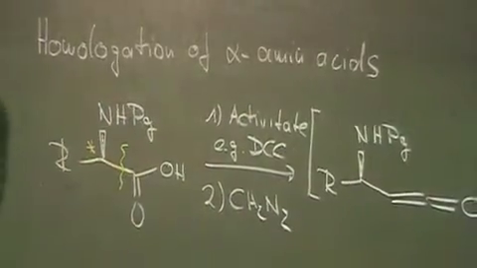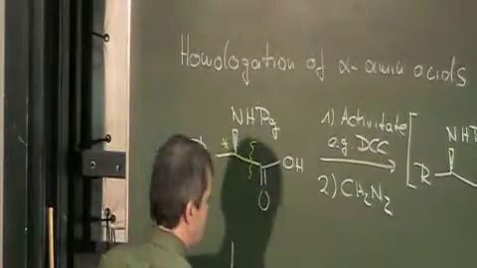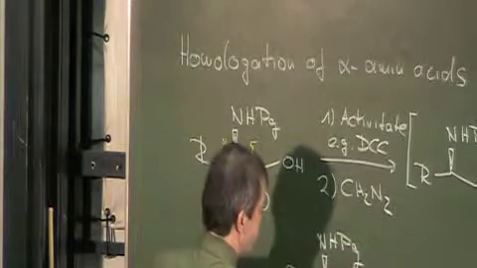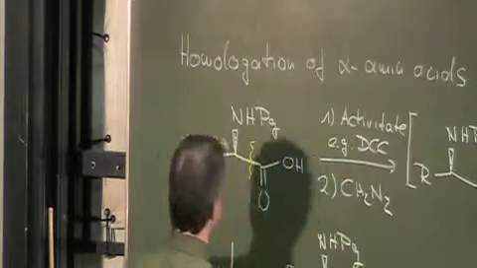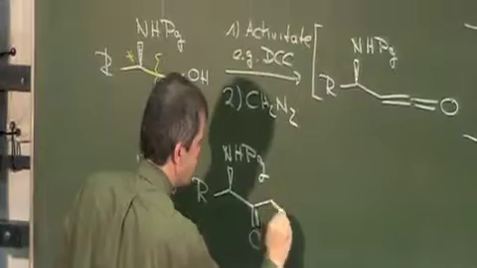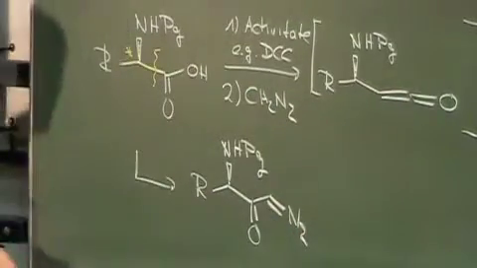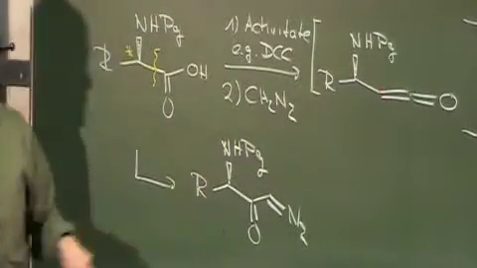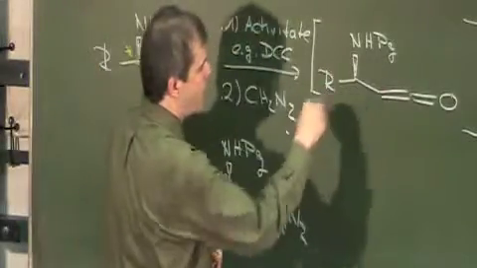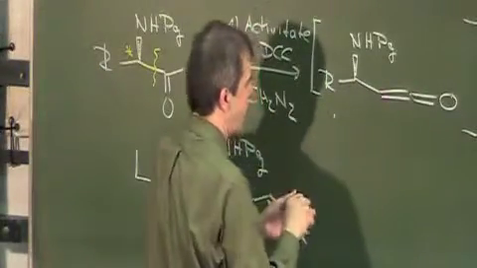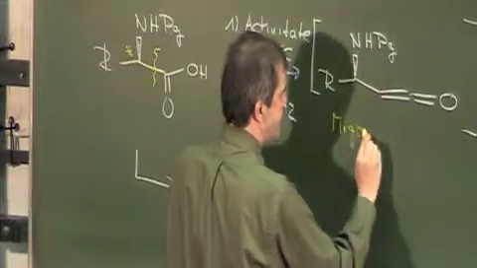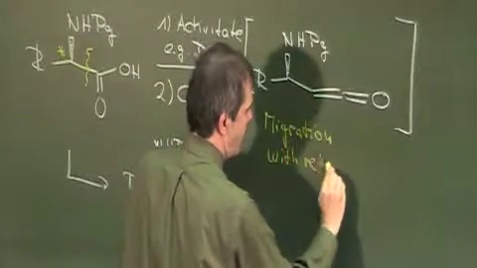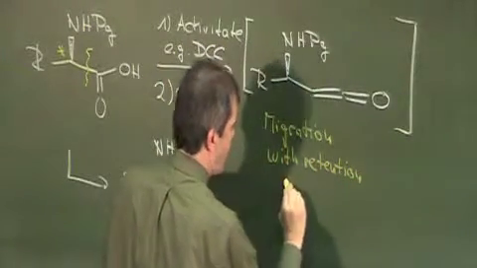So when this group is migrating from this point to this point here, then the configuration here is retained. So the migration occurs with retention of configuration.